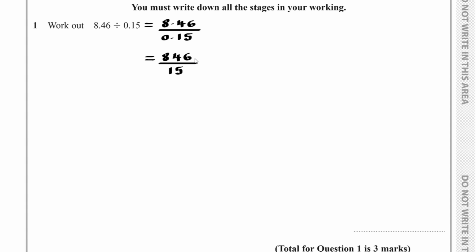And if I divide both the numerator and the denominator by 3, we end up with 282 over 5, which would simplify to 56.4. And therefore, 8.46 divided by 0.15 is 56.4.